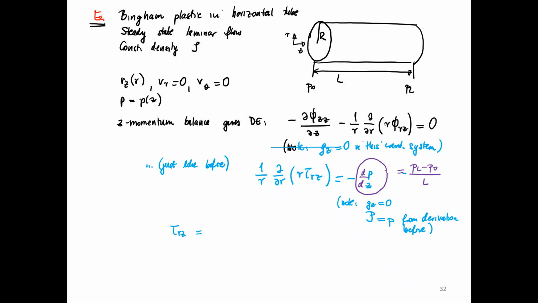Right? So I kind of flow counter to what the coordinate system would point. Anyway, so my tau RZ is minus dPdZ times R over 2. That's what we called E over R. Yes? Then I divide by R and integrate. And E is constant.